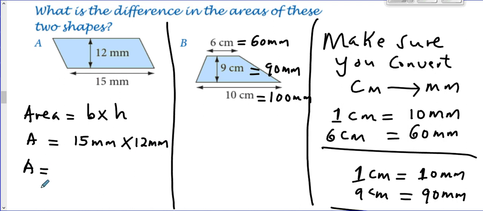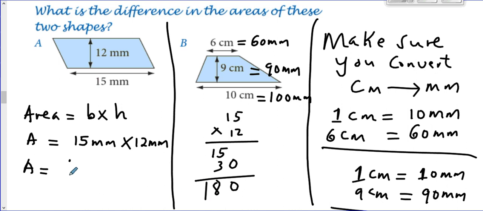You can help me multiply this: 15 times 12 is 180. So this is 180 millimeters squared.